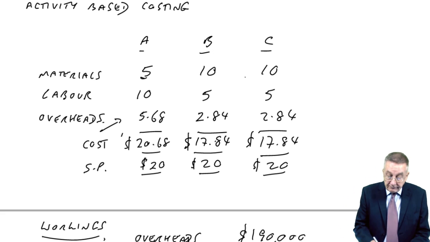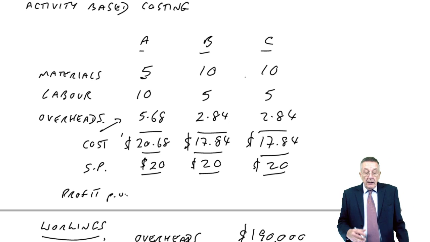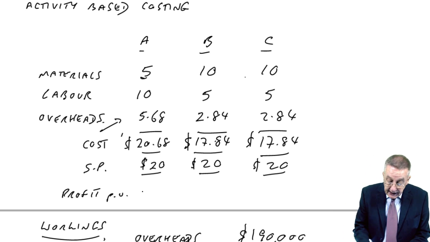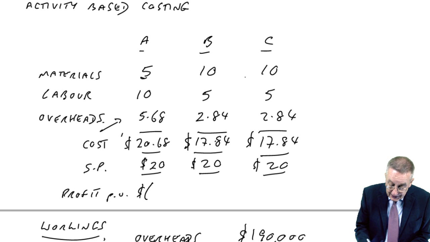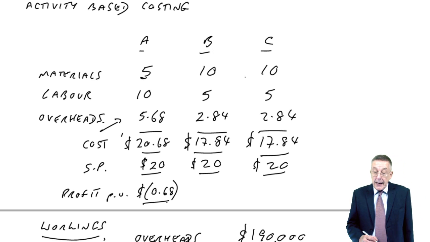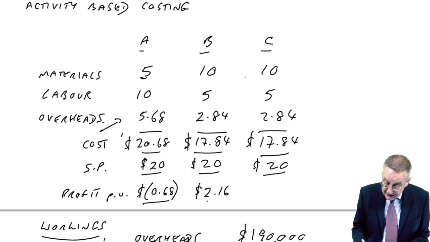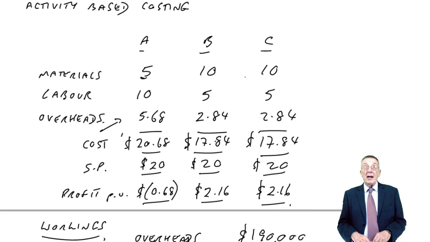And therefore the profit per unit: A is actually making a loss of 68 cents per unit, whereas B and C are both making a profit of, what does it come to, $2.16. And there we are.